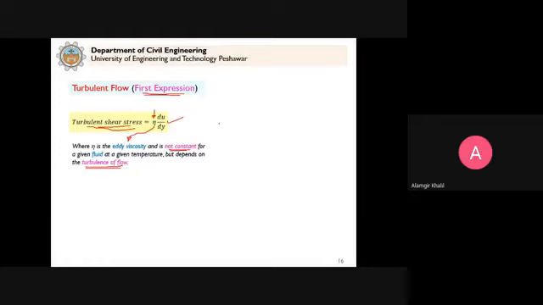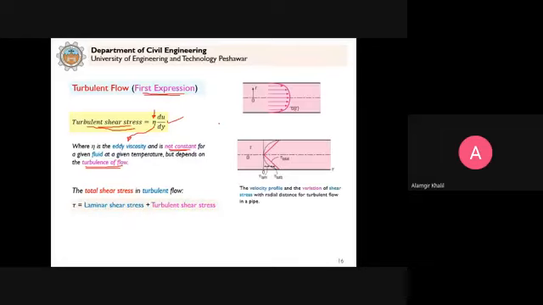You understand? So that's why it's not easy to calculate this turbulent shear stress as compared to the laminar shear stress, because in the case of laminar shear stress, we have this mu here. This is a fluid property, and you can easily find it. It's available for a given temperature, in the form of tables at the end of the book.